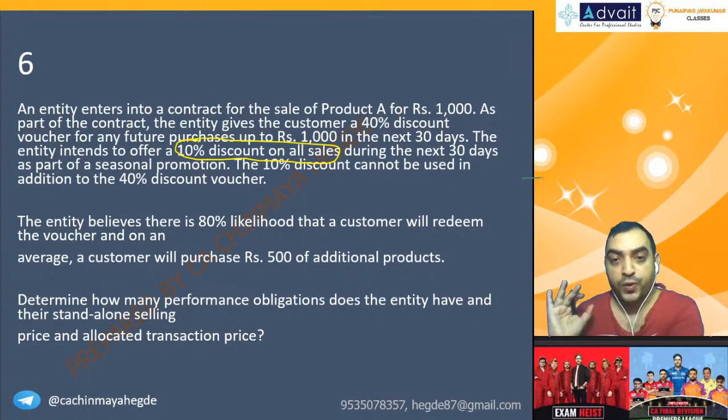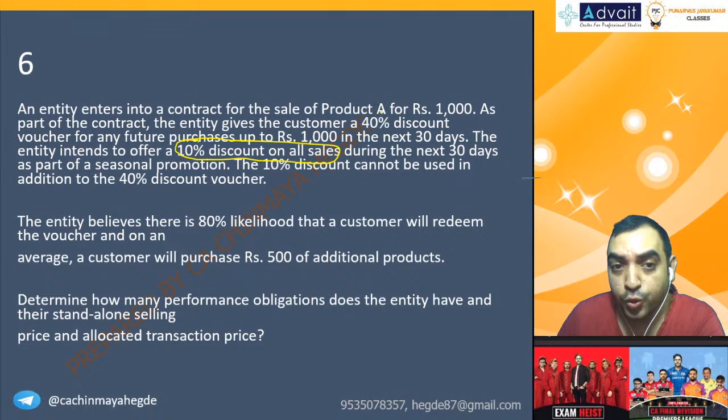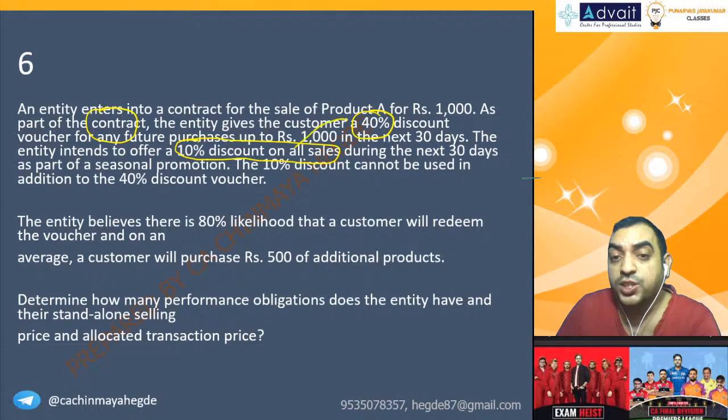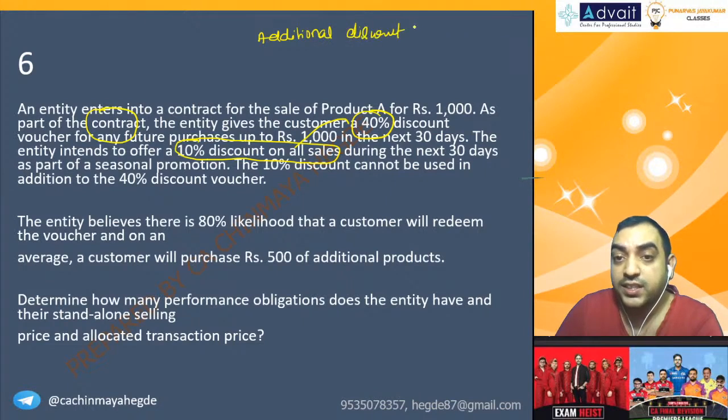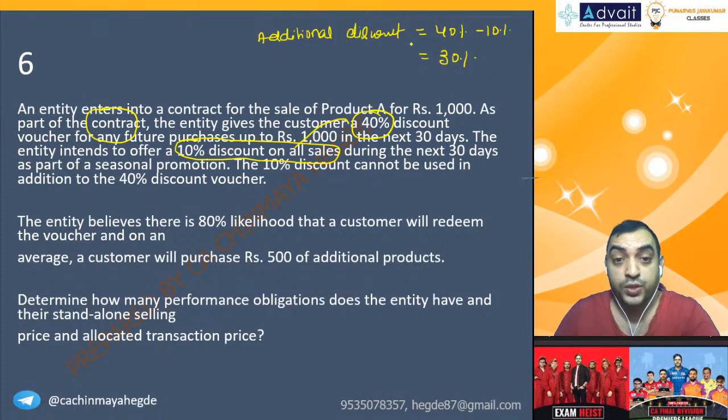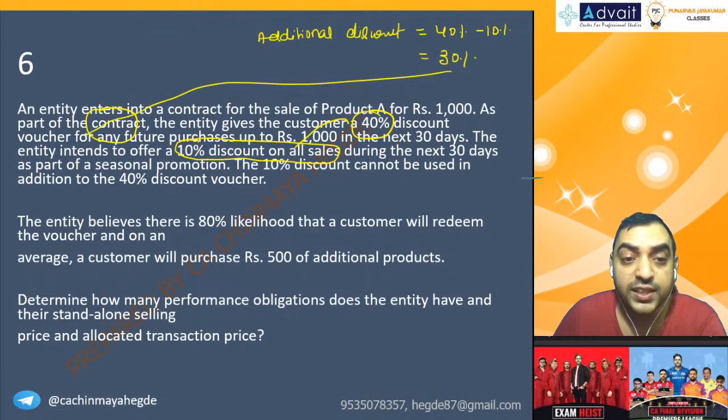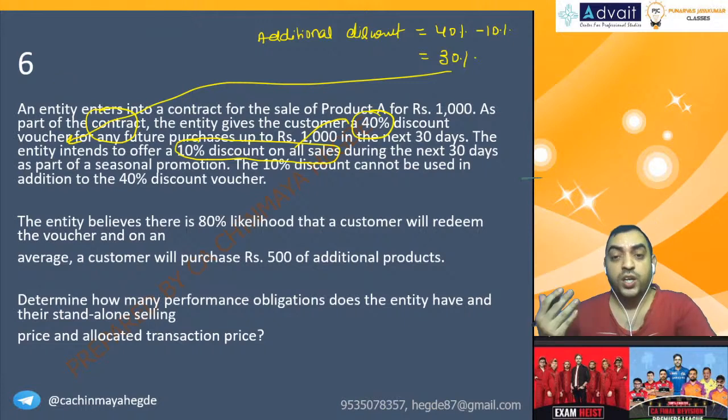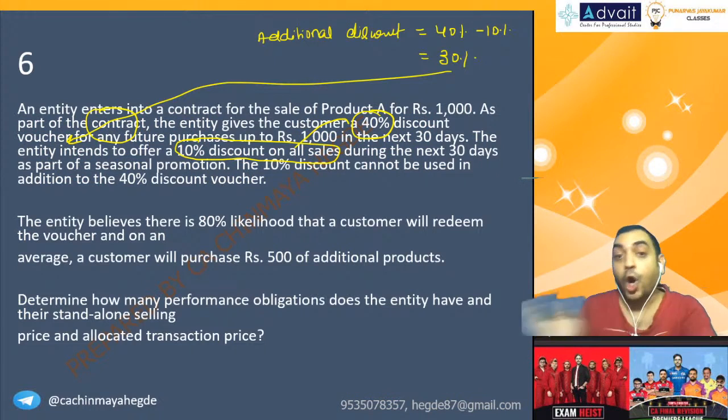That is anyway is going to happen, and this customer or you are providing as a part of the contract 30%. So how much additional discount that this person will get? Additional discount is only 40% minus 10%, that is 30%, and that is the discount which you need to allocate for the purpose of this voucher. So 30% is what you need to understand, it is relevant for voucher.